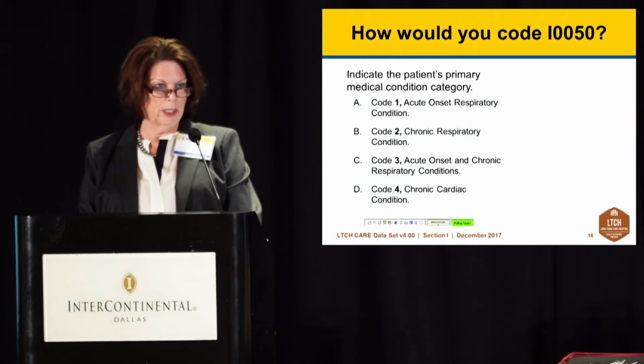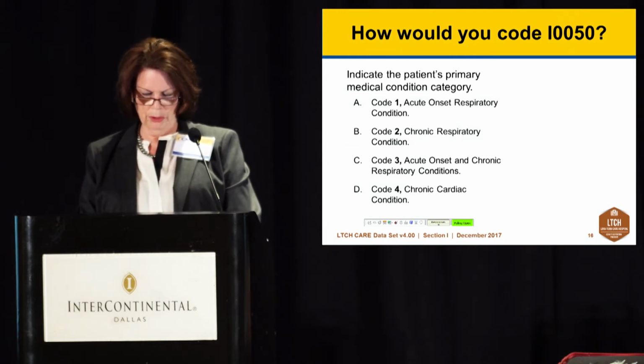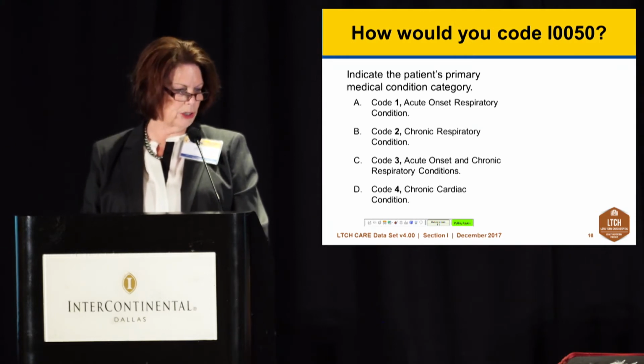So your selections are Code 1, acute onset respiratory condition, Code 2, chronic respiratory condition, Code 3, acute onset and chronic respiratory condition, or Code 4, chronic cardiac condition.